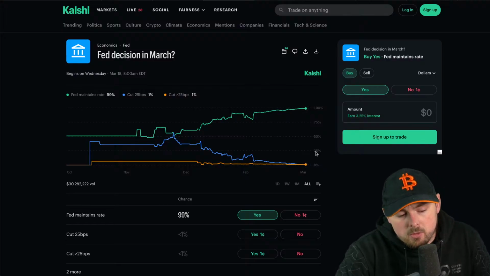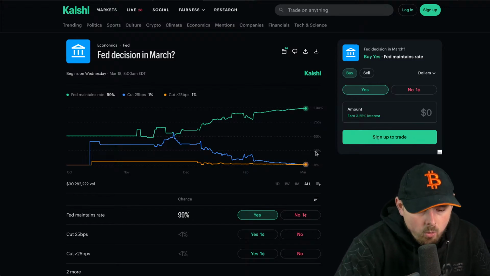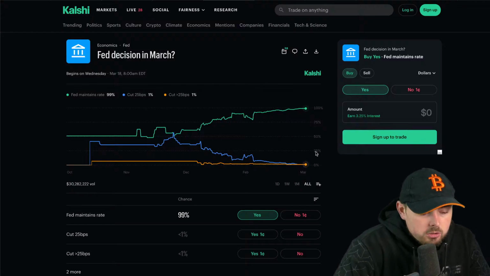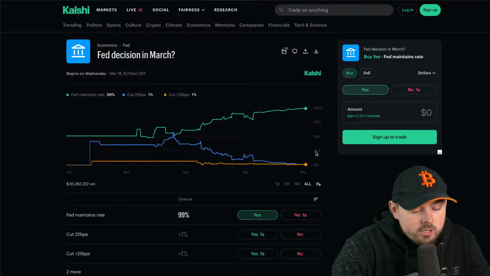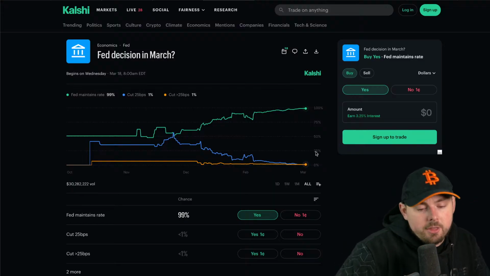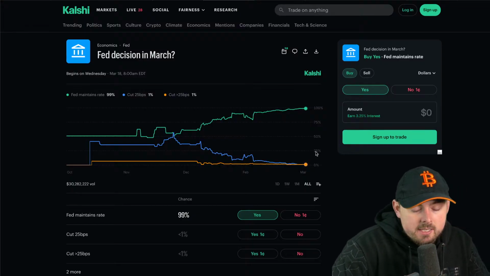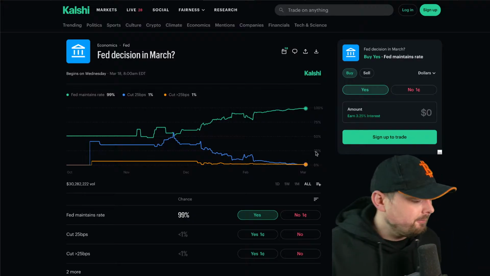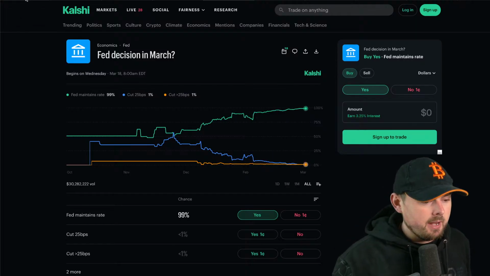But then the reality would come to mind: why have the Fed done that, and what are the Fed seeing and expecting to happen for them to cut when no one is expecting them to cut? So I don't actually think it will be bullish. I think it will be bullish initially, and we get a good spike from it. But afterwards, the reality and the fear would set in, the fact of why have they done that and what are they expecting. So that would be my point of view on it anyway.